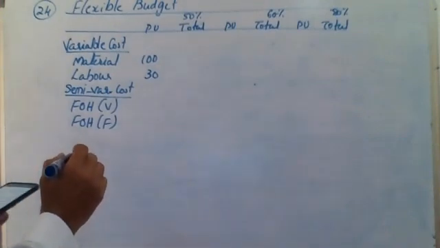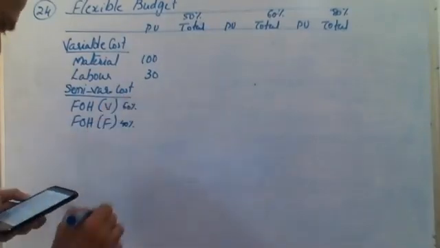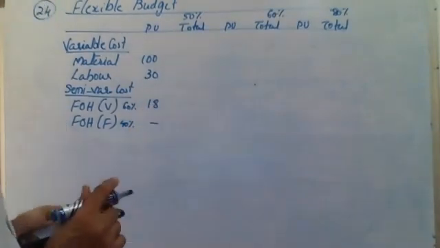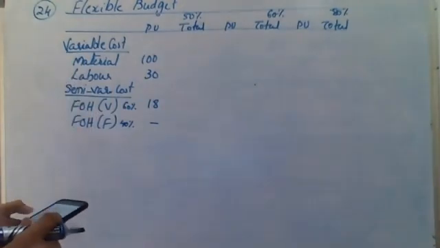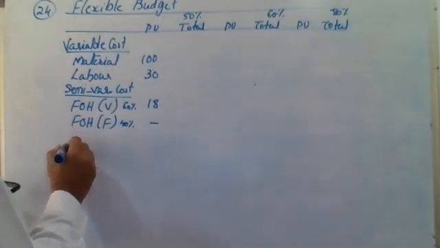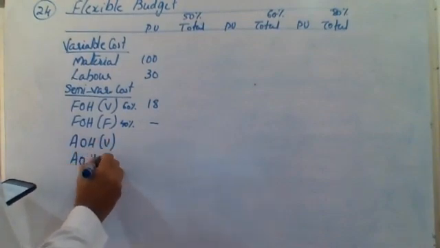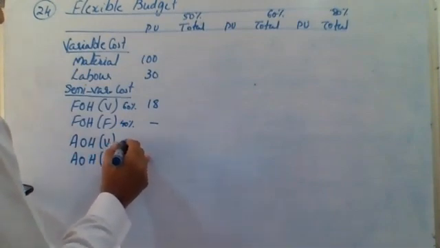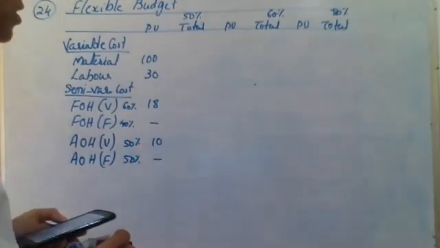So 30 rupees, 40% is fixed. If it is 40% fixed, 60% is variable. So 6 3s are 18 rupees is varying. 40%, 12 rupees is not. I will not write per unit as you know that, right? Then similarly, administration overheads. Administration overheads also we have variable component in it and fixed component in it. Administration overheads is 50% fixed. That means 50% variable. So 20 rupees, 50%, 10 rupees is variable, another 10 rupees is fixed.